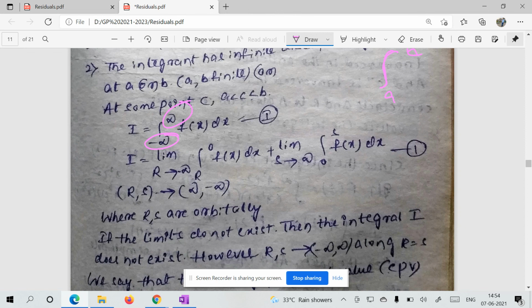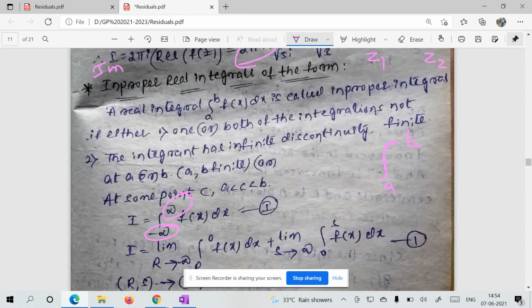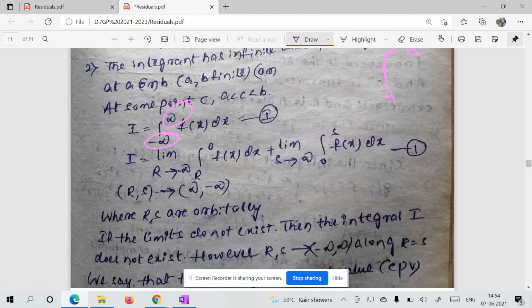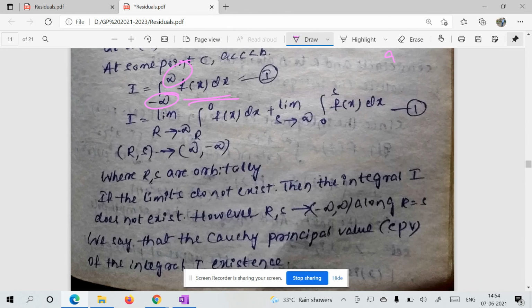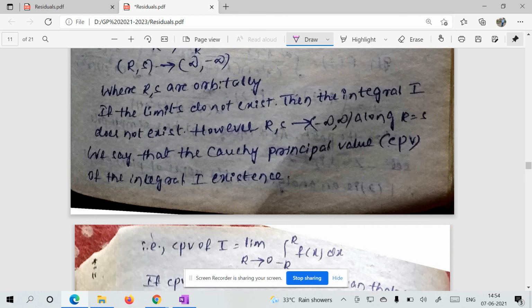So these are the improper real integrals. Real integrals means this is f(x) dx, it's not f(z) dz, it's f(x) dx. Whenever a problem is given in this form, improper real integrals of the form, we have to solve it in two methods.